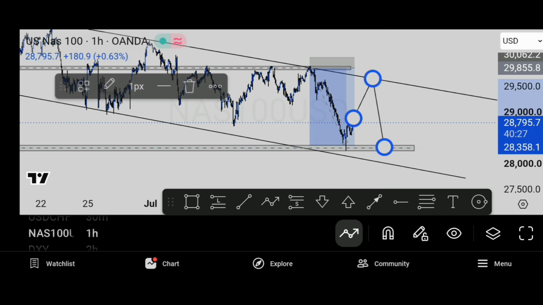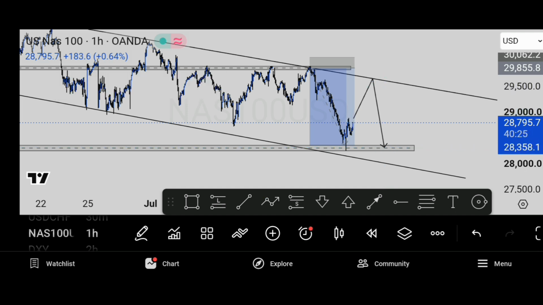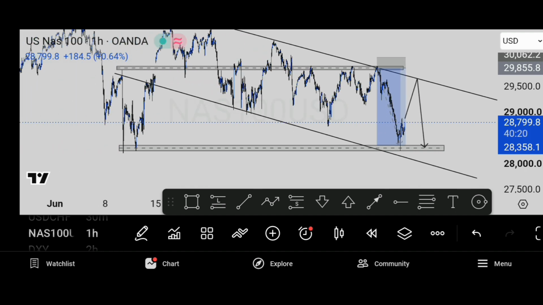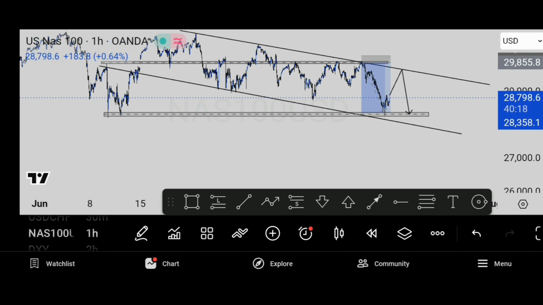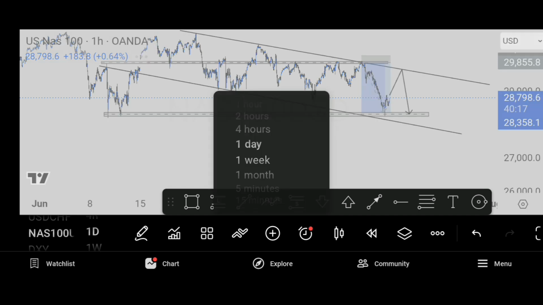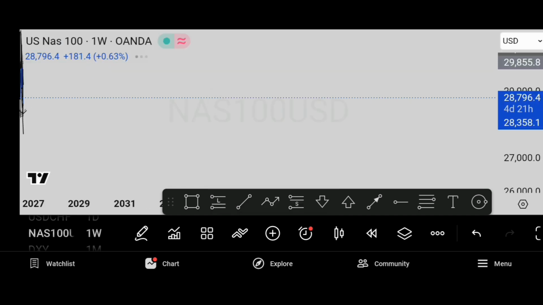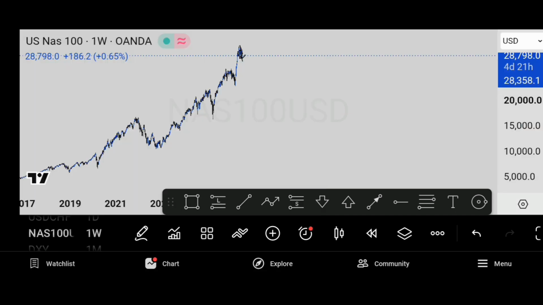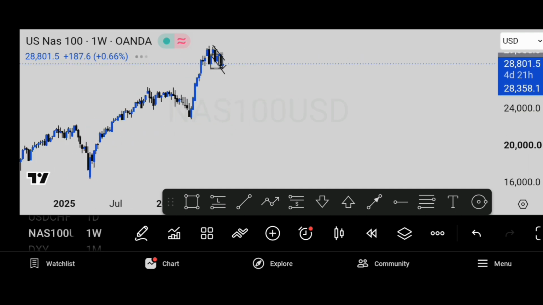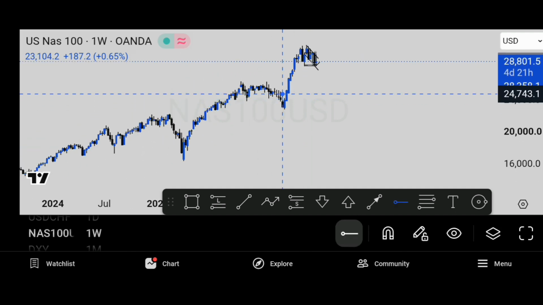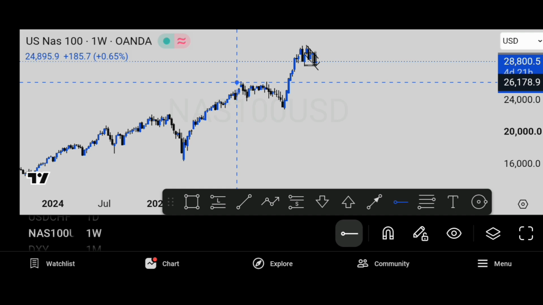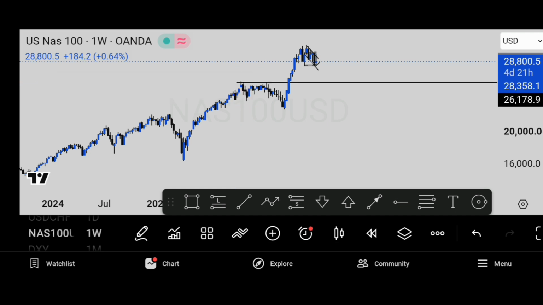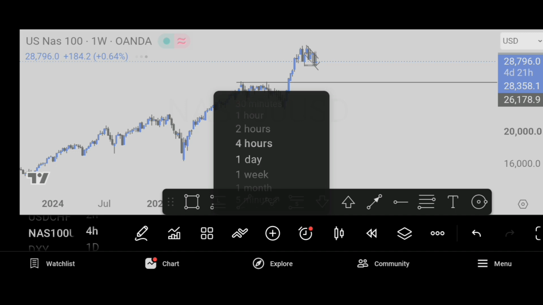So just take this as an entry or setup idea, because I'm still expecting it to continue selling, like I told you guys, all the way to, let's go to the weekly, all the way to this monthly level that wasn't retested yet. And I've been talking about this level, so I'm expecting a real drop on Nasdaq, you guys.